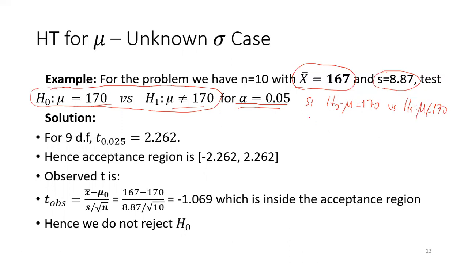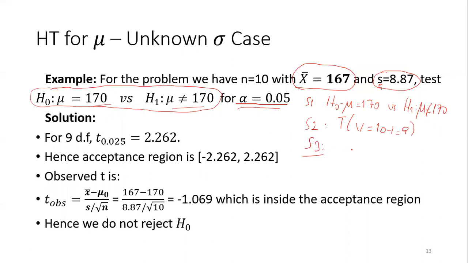Step two: choose your test statistic. It's not X bar, and it's not Z because you don't know sigma, the unknown parameter of the population. You only know S. So you use the T distribution with degrees of freedom v equal to n minus 1, which is 9 degrees of freedom.